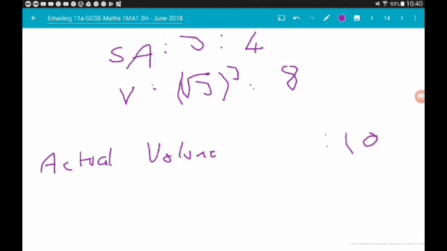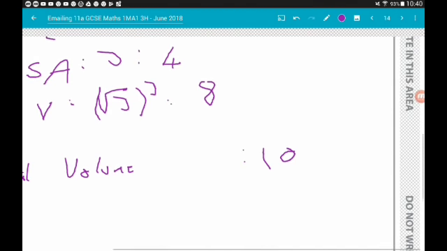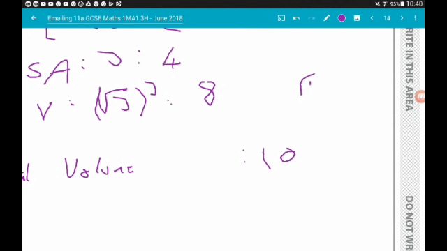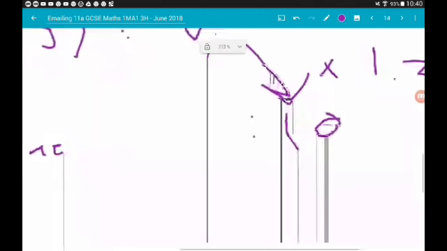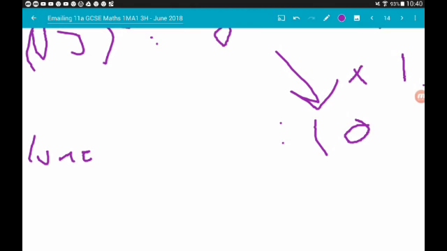What is this scale factor? So we could do here 10 divided by 8 gives us 1.25. So to get from 8 to 10, we've multiplied by 1.25.